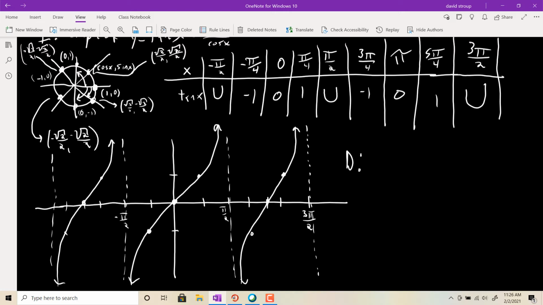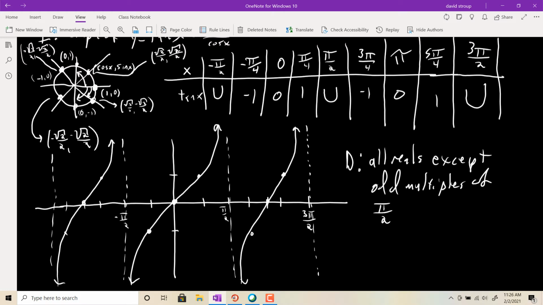So I'm not going to put it in interval notation. I'll just say the domain is all reals except odd multiples of pi over 2. One way you can write it would be something like 2n plus 1 times pi all over 2.